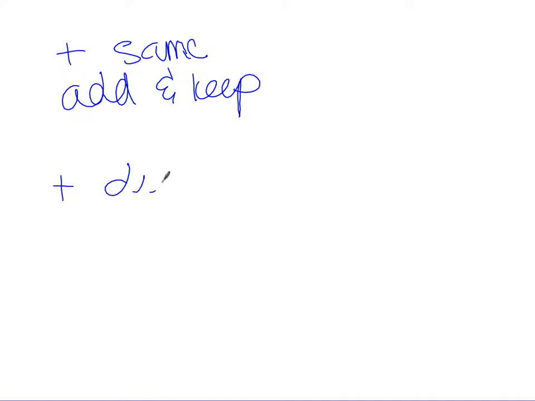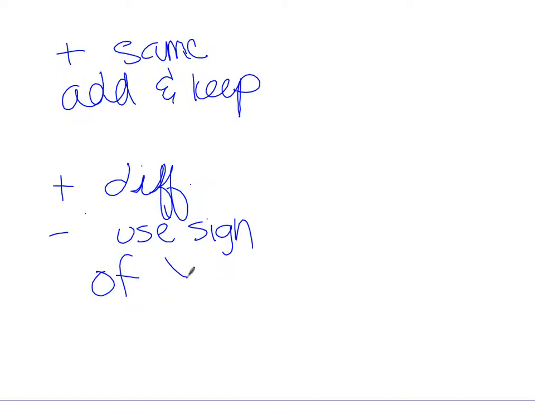Adding different signs, you subtract and use the sign of the greater absolute value. And then subtracting, change, we're not doing subtracting, so we're just focusing on the addition ones today. Got a little ahead of myself.